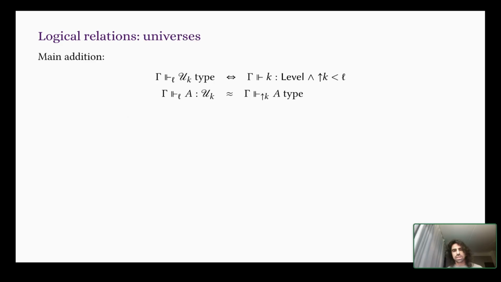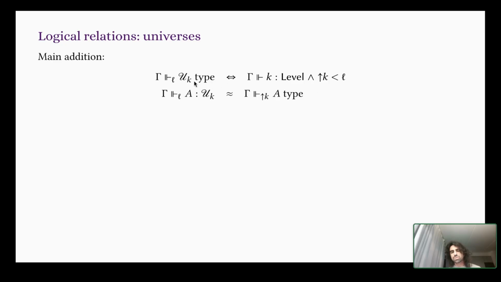Our main addition is in the case of universes. In order to say what it means for UK to be a reducible type at some external level L, we have to somehow relate the internal levels and the external ones. And we do this using this realizer function.